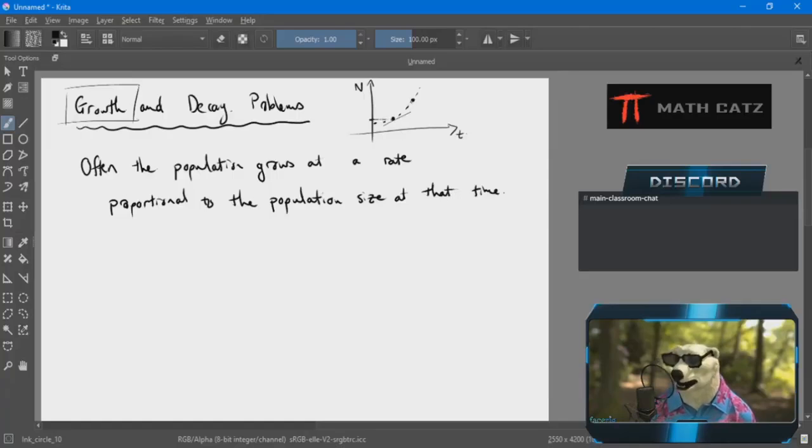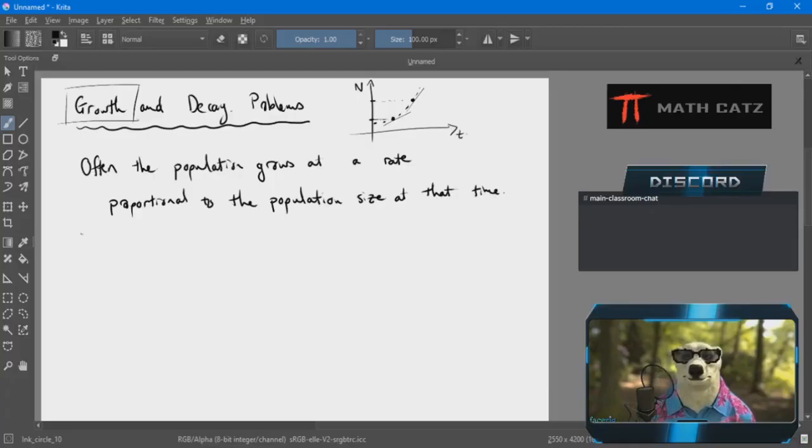Let's suppose I grow to that point. Then the rate of change is proportional, is connected directly to how many individuals there are. And therefore, because there are more now, they grow faster because there's more interactions and more opportunity for population growth.